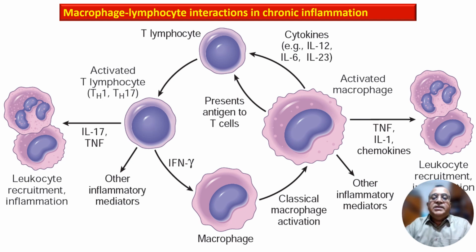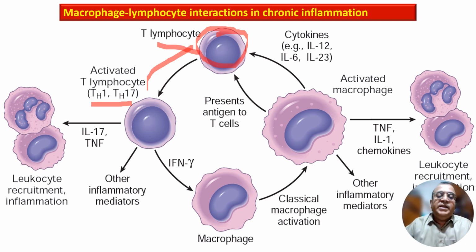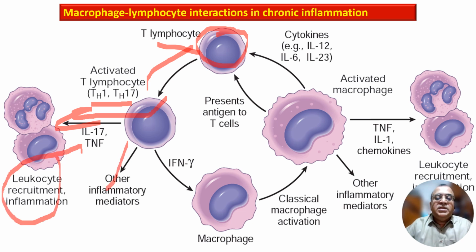Here you can see that this T lymphocyte, when it is activated, the Th1 and Th17 subset of these T lymphocytes, when activated, there is secretion of interleukin 17 that is responsible for recruitment of neutrophil and monocyte, and there are obviously other inflammatory mediators that are also released from these activated subsets of T lymphocyte.